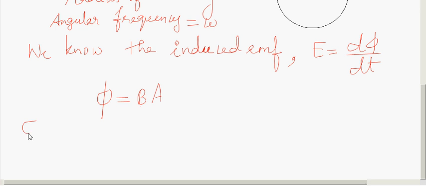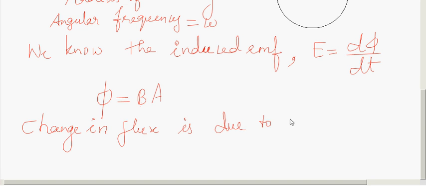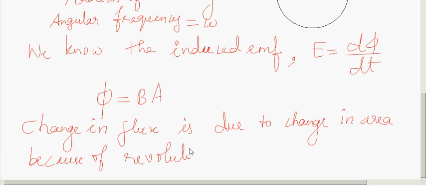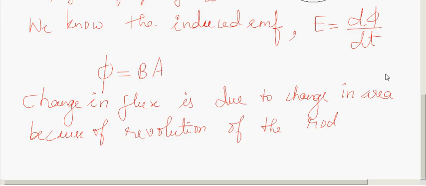So here the change in flux is due to change in area because of revolution of the rod.